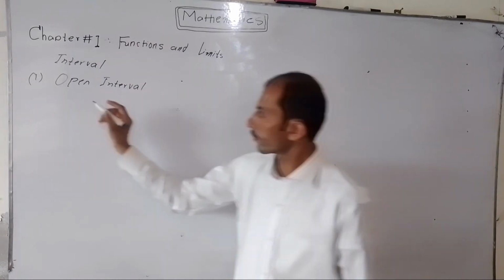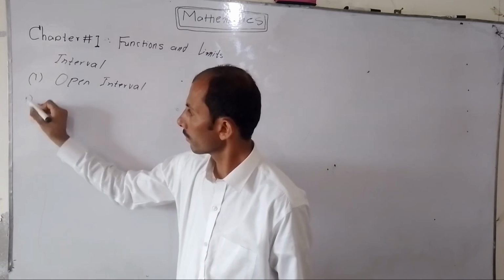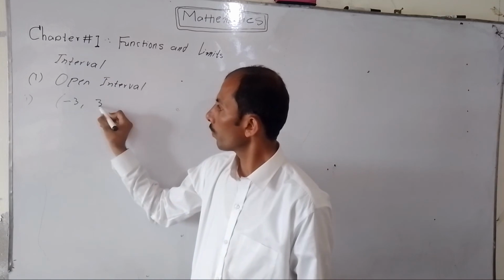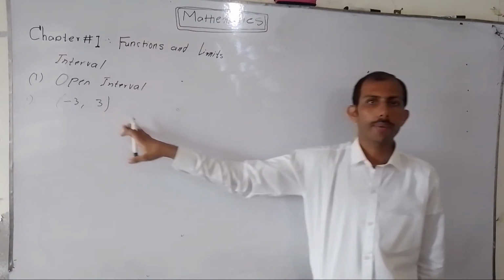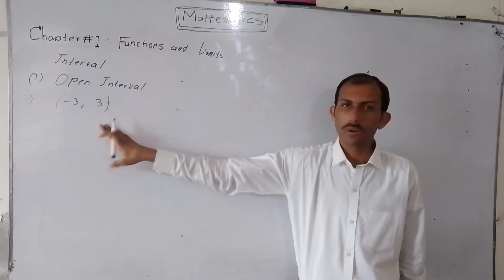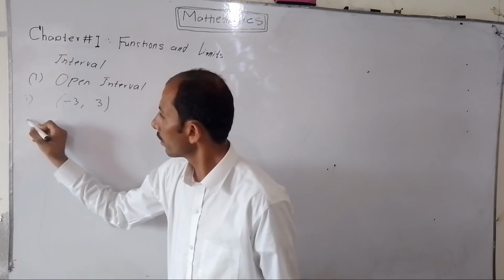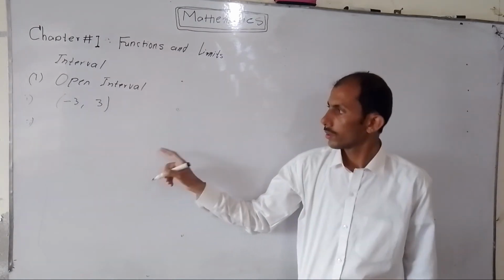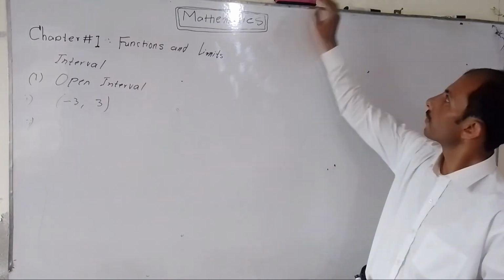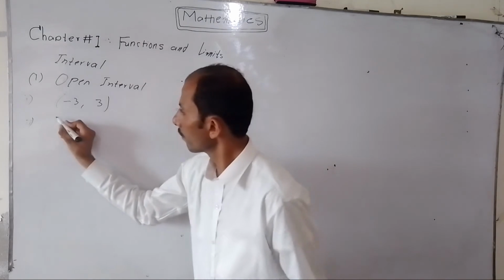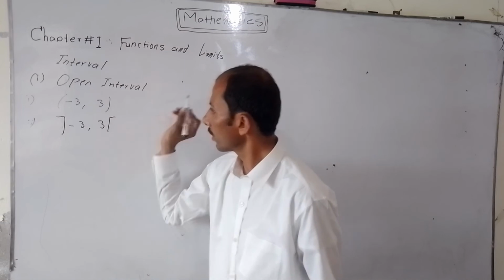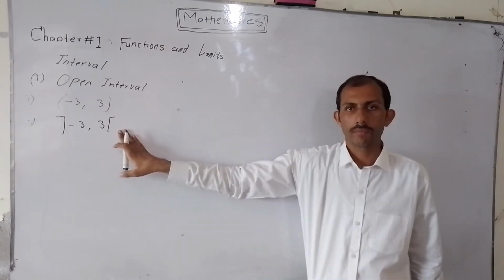That is minus 3 to plus 3, small brackets show an open interval. Minus 3 to plus 3 is an open interval, or minus 3 to plus 3, this form is an open interval.